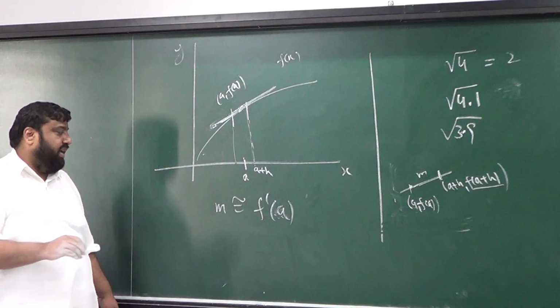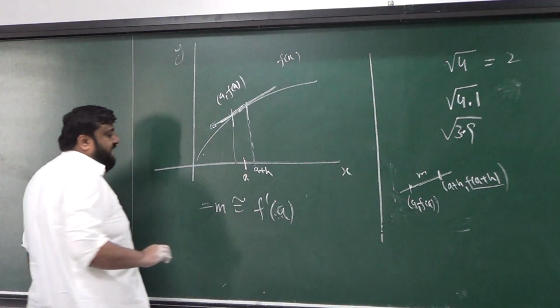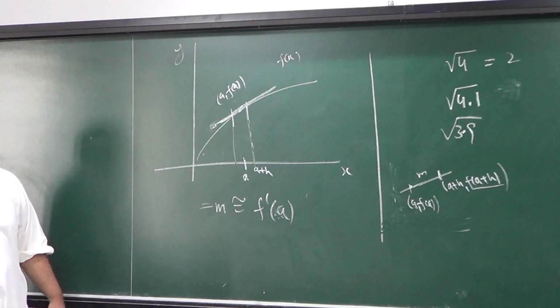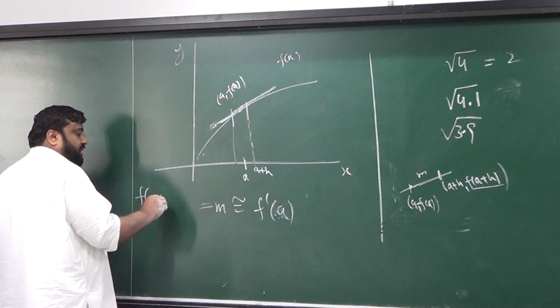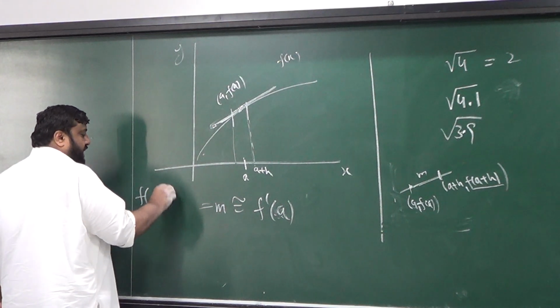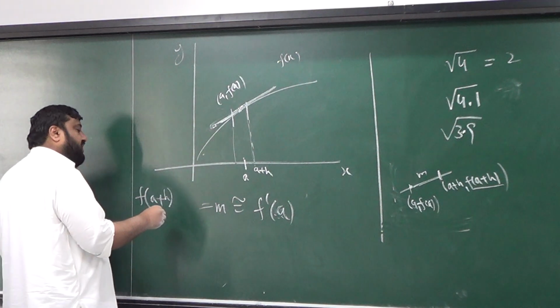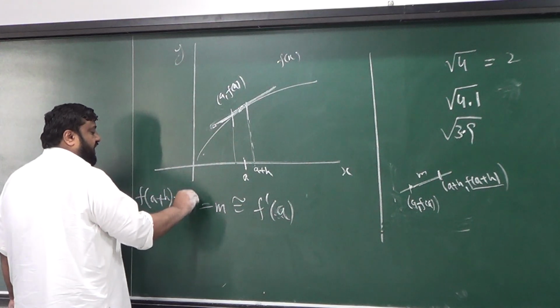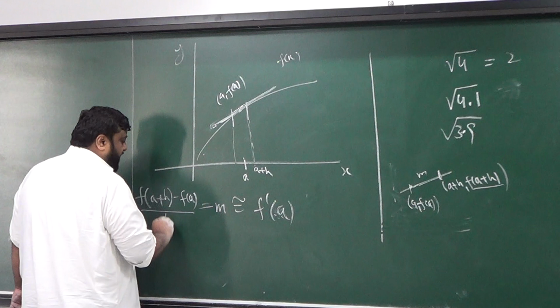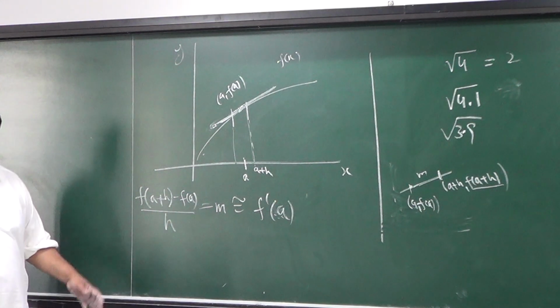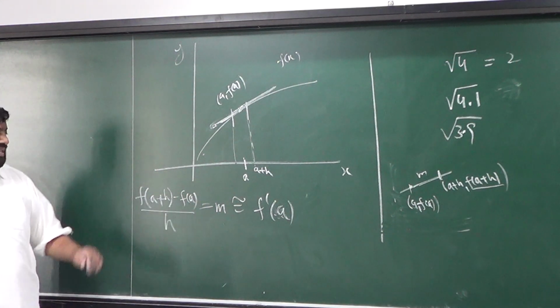And f prime of a can be computed as approximately f of a plus h, using these 2 points, minus f of a, everything divided by h, and then you take h goes to 0.